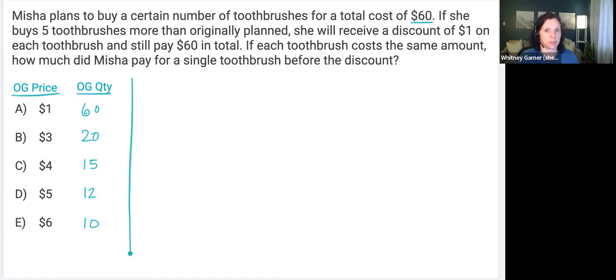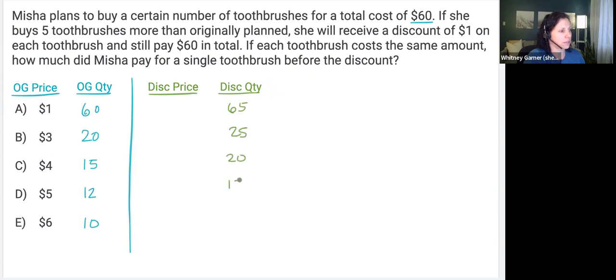I have a couple of options, and the one I liked for this is to use the discount price and the discounted quantity. So I'm going to go back through these numbers and say, okay, to get my discounted quantity, I need to take my original quantity and buy 5 more. So my discounted quantities are 65, 25, 20, 17, and 15.